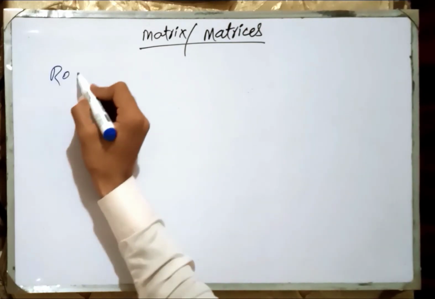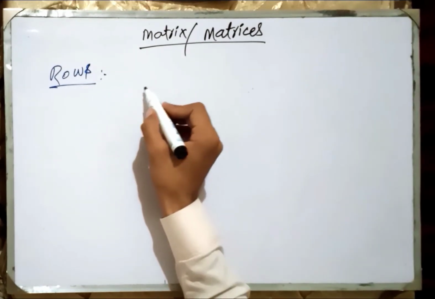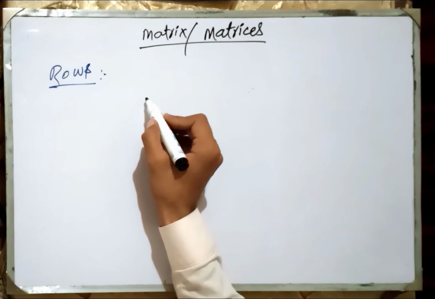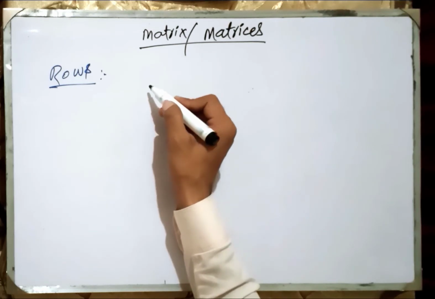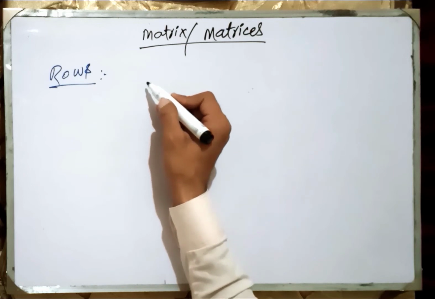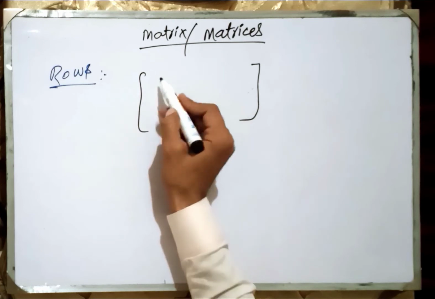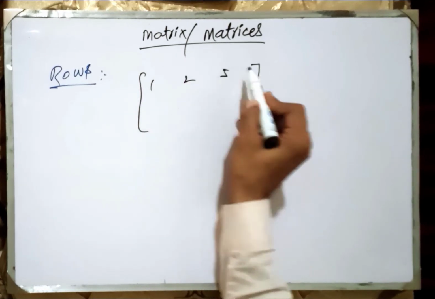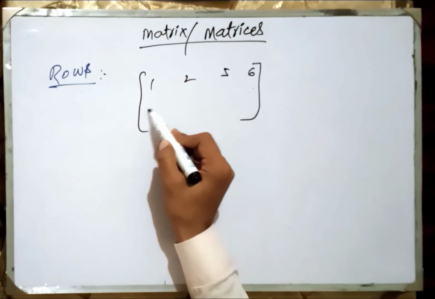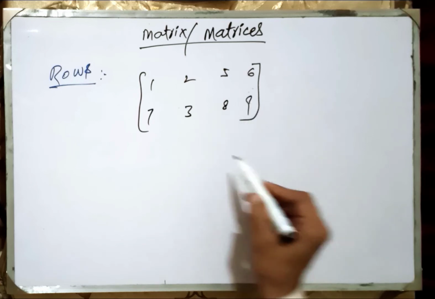Rows. The entries in a matrix written in horizontal shape are called rows. In this matrix, 1, 2, 5, 6, 7, 3, 8, 9.